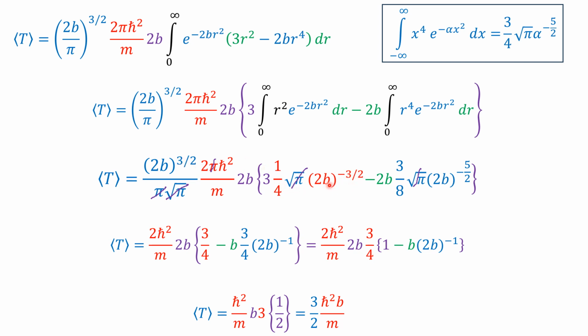Then what will happen is the first term, 2p power plus 3 by 2 into 2p power minus 3 by 2, will become 1. Here, when you multiply this 2p power minus 5 by 2 into 2p power plus 3 by 2, you will get here 2p inverse, which is power minus 1.